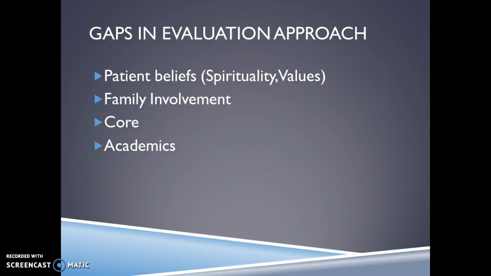While I do use those patient-rated outcomes to get a little bit of information on what's important to them and their perceptions of their own injury, at some points I think that I could be more encompassing with other aspects of their life. The second gap in my evaluation approach would be the involvement of the family.